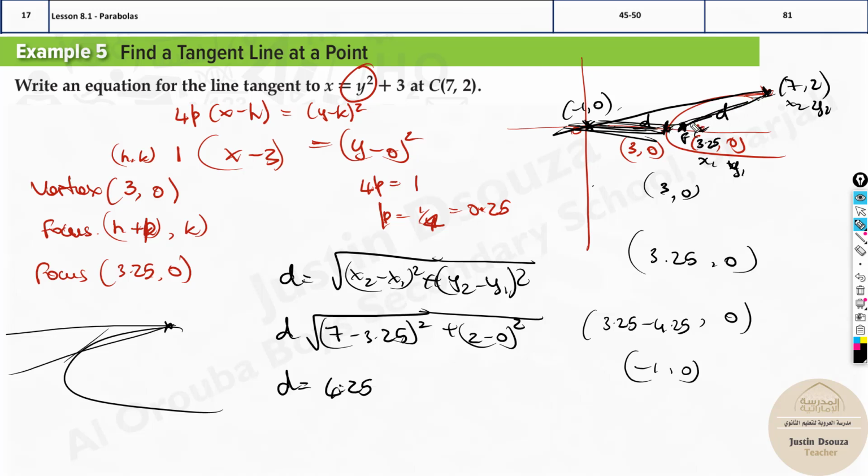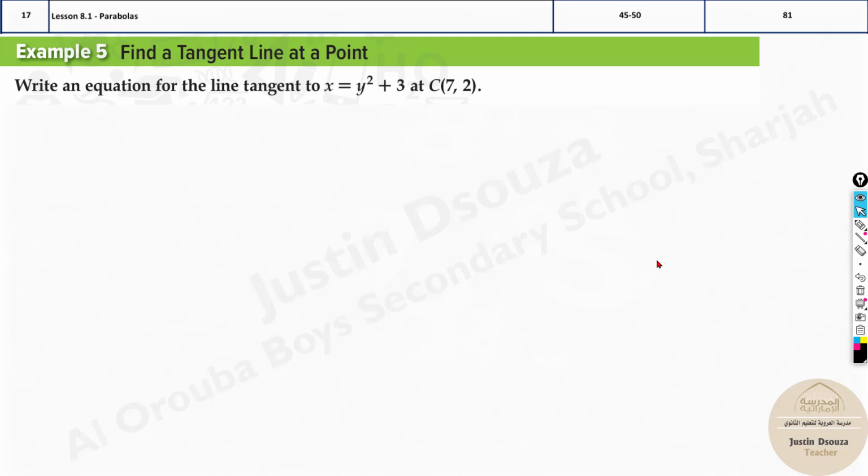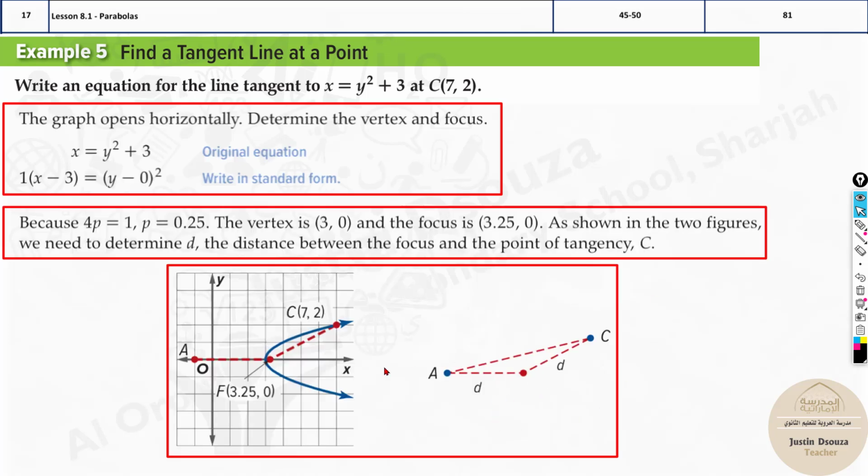The focus will be equidistant to both points. Let us see some clear pictures over here. You can see this is the focus, which is not exactly the vertex, it's inside. The distance from here to here and to another point on the tangent, say point A, is equal. That's how we find these 2 points.